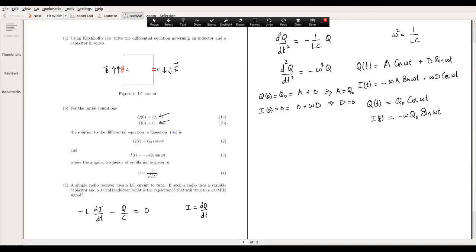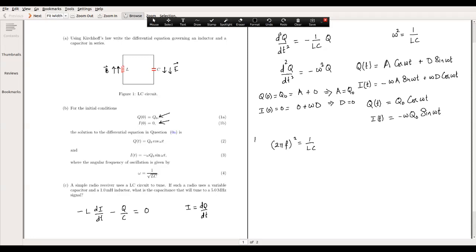This is used in radio receivers to tune to a channel. So whenever the LC circuit matches the frequency, it resonates, and let's calculate what the capacitance should be in such a circuit. We start from omega squared, which is 2 pi f squared, equal to 1 over LC.